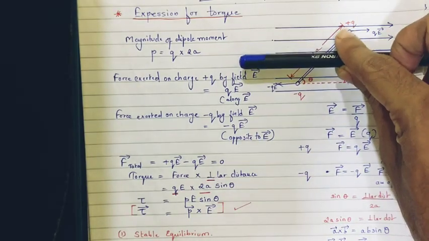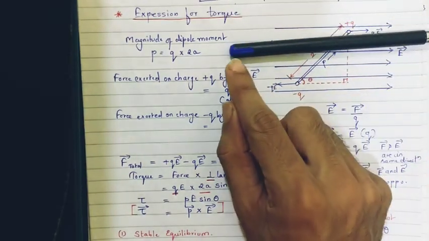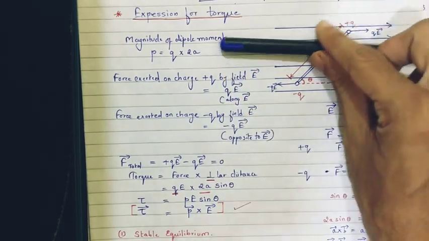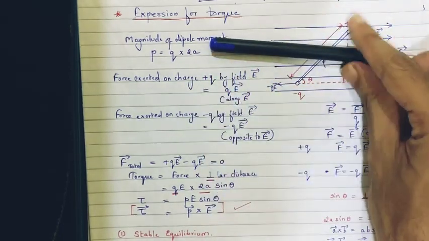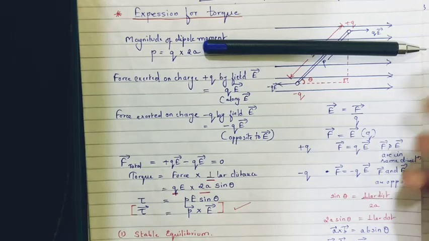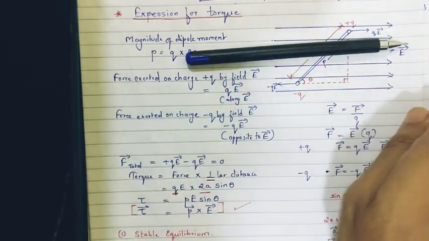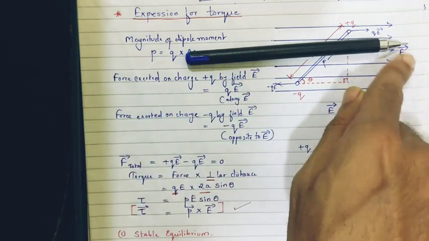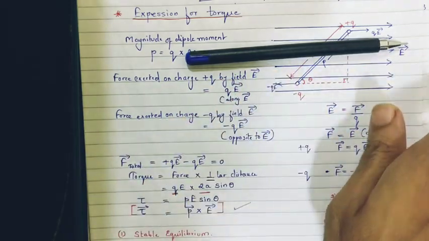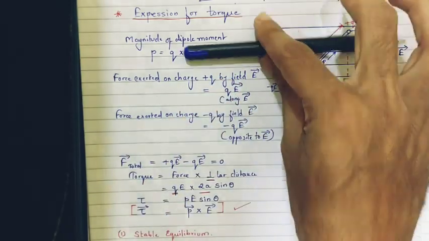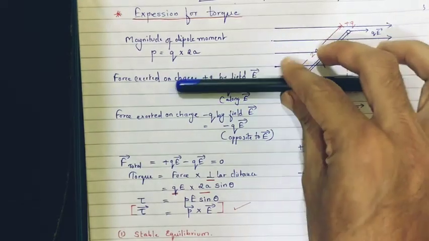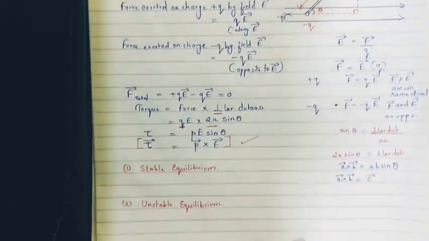So this is my minus Q, this is my plus Q. This end, blue end is minus Q, silver end is plus Q. So dipole moment points in the direction of the pen, this arrow. So my P and E are in the same direction. The angle between them is 0. Both are parallel. So that case is called the stable equilibrium.